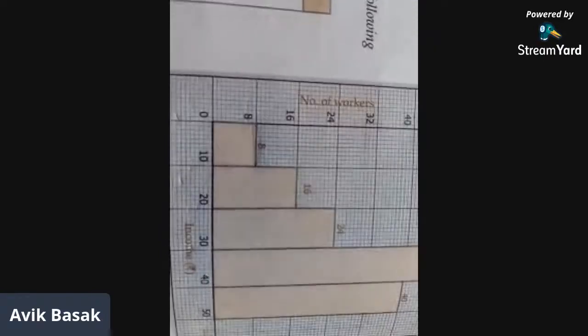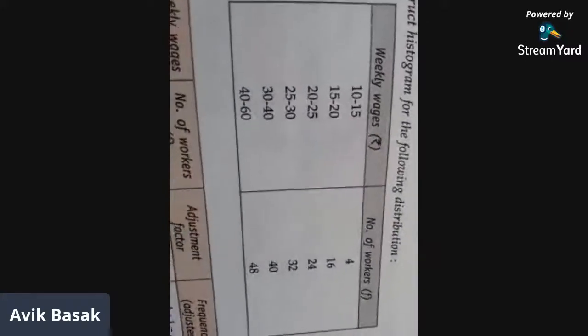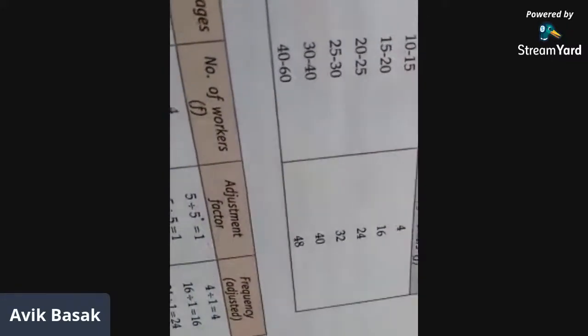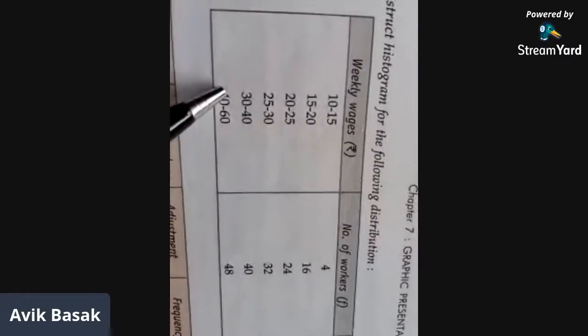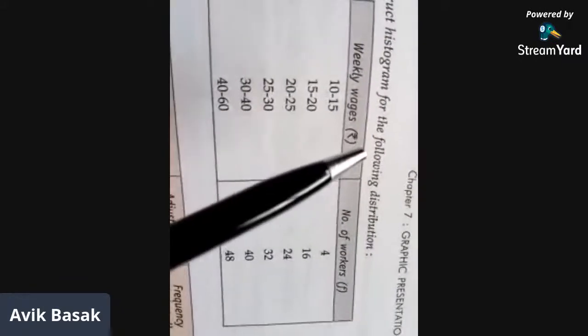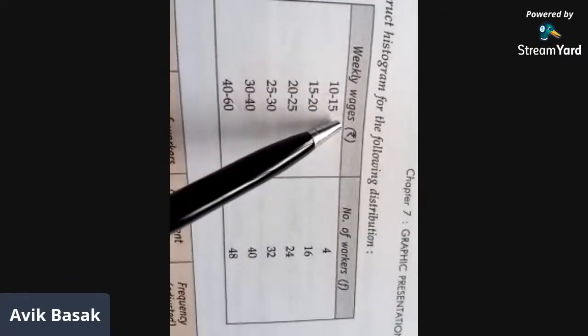But what is the case when the class intervals are unequal? You have to do a little bit of calculation when the class intervals are not equal. So let's see slowly. Here in this question, where class intervals are unequal, it is given weekly wages, meaning you are measuring every week's wages.